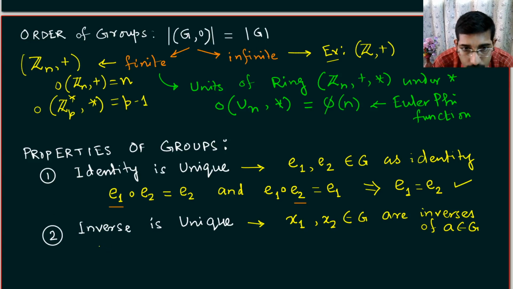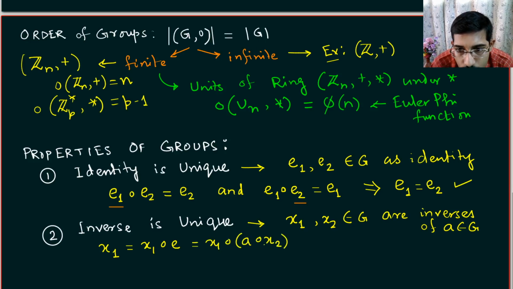Since x1 is an inverse of A, I can write x1 as x1 O E, where E is my identity. I can write this as x1 O (A O x2), because A O x2 will give me the identity, assuming that x2 is also an inverse, as per the inverse definition.